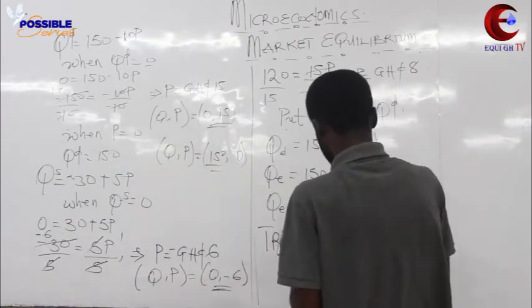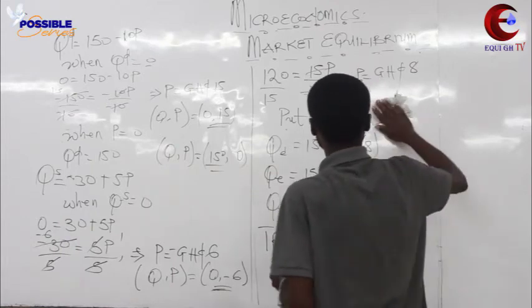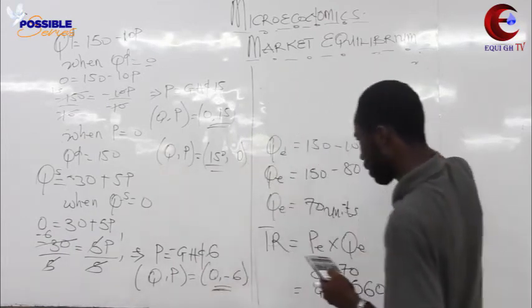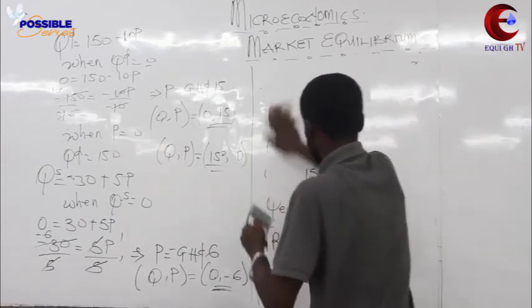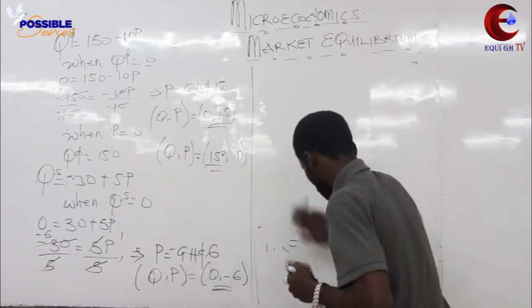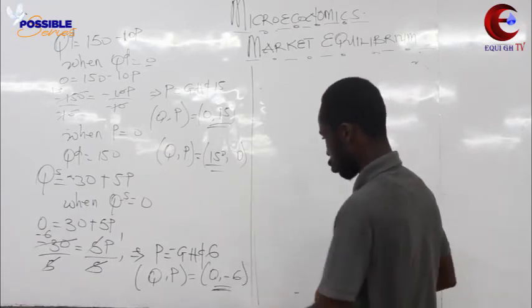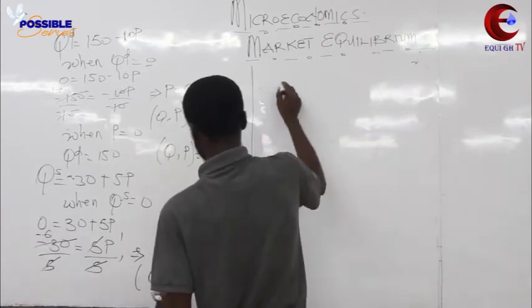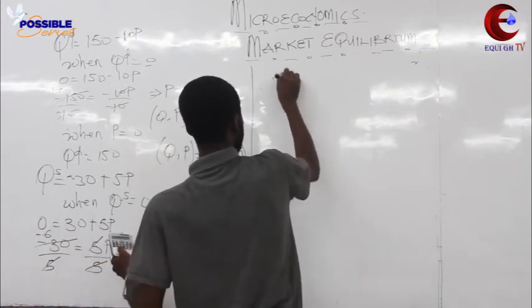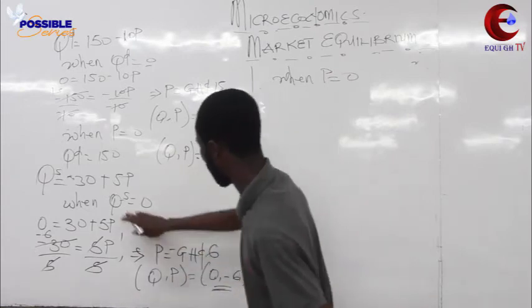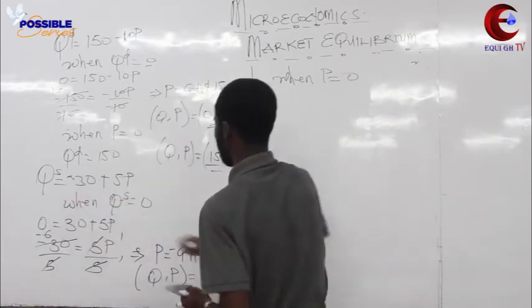Now let us calculate the other coordinates so that we can plot the supply curve too. The demand curves are here, I don't want to clean them. So when P is equal to 0, quantity supplied is equal to 30.